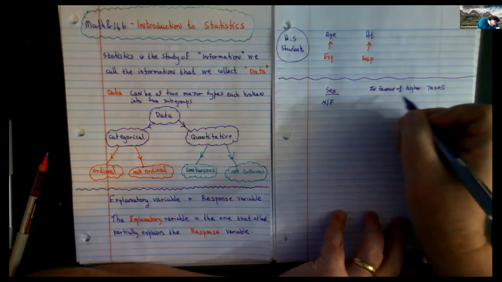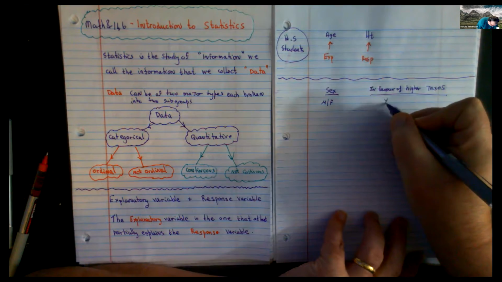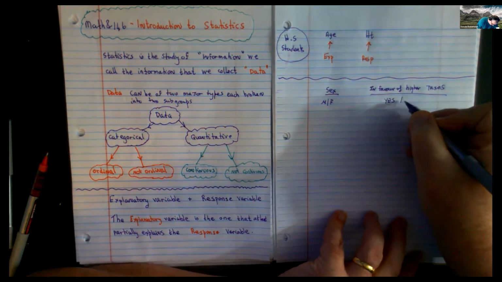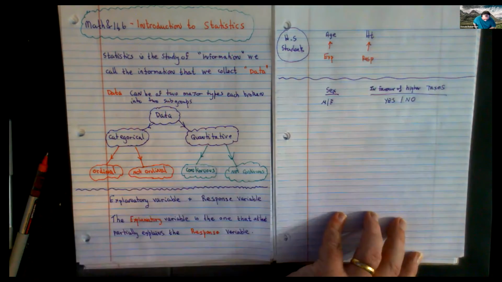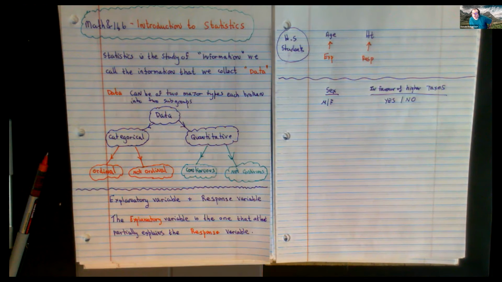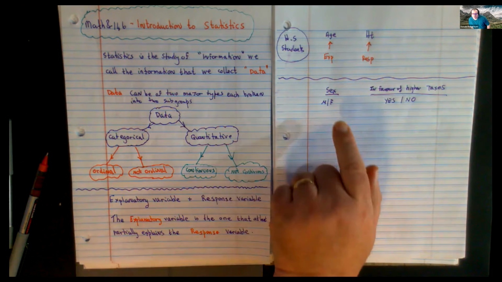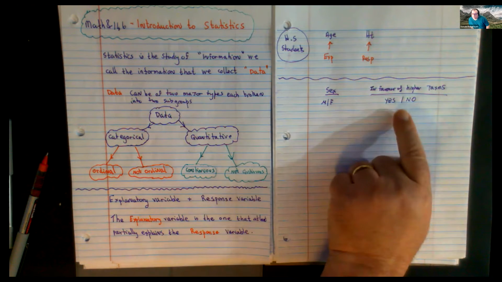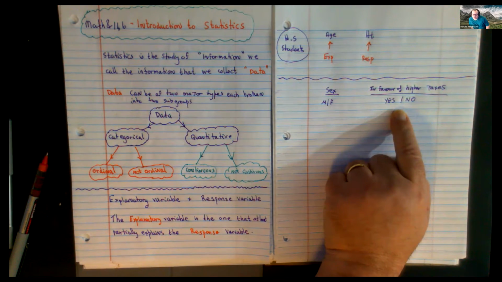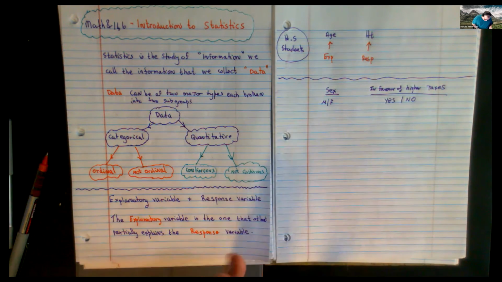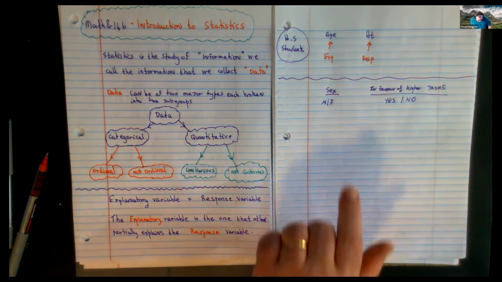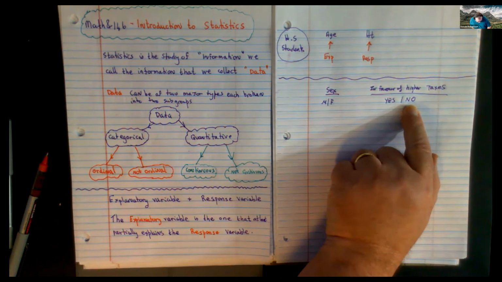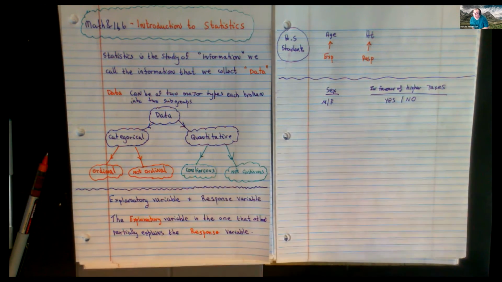The response people gave is, keeping it very simple, yes, I'm in favor of higher taxes because I think they pay for things, and nope, I'm fed up giving them money. So two different variables. One is the sex of the person you asked, and the other is whether they are in favor of higher taxes. You might find that males say no a lot more often than, say, females.